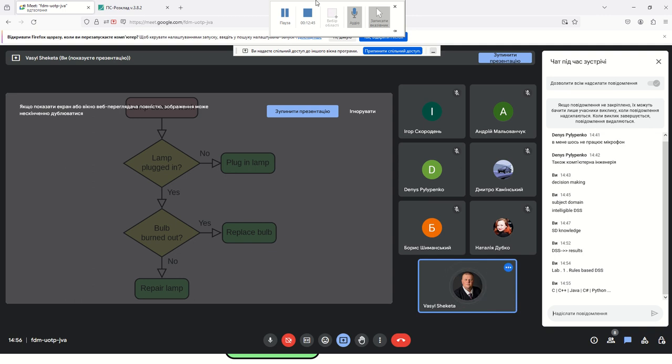So what is a rules-based DSS? It's like when you're starting to learn some programming language, your first program usually is named hello world. It's like the first word you say, the first output your program gives. So in our case, rules-based DSS is like this hello world program.